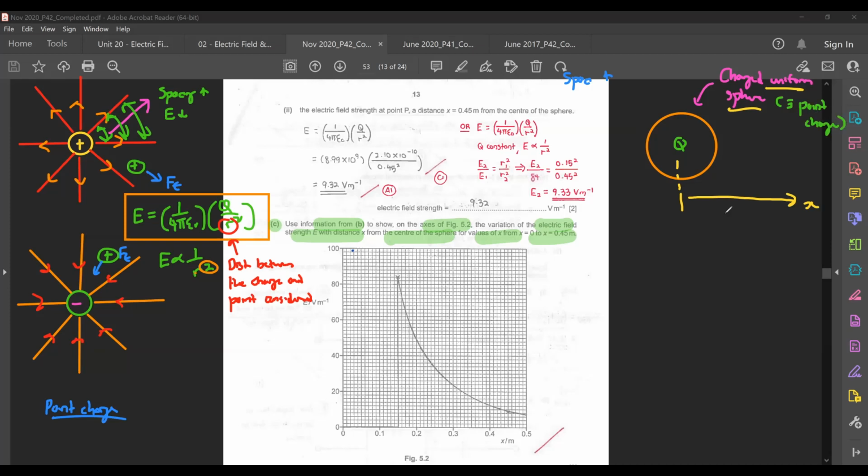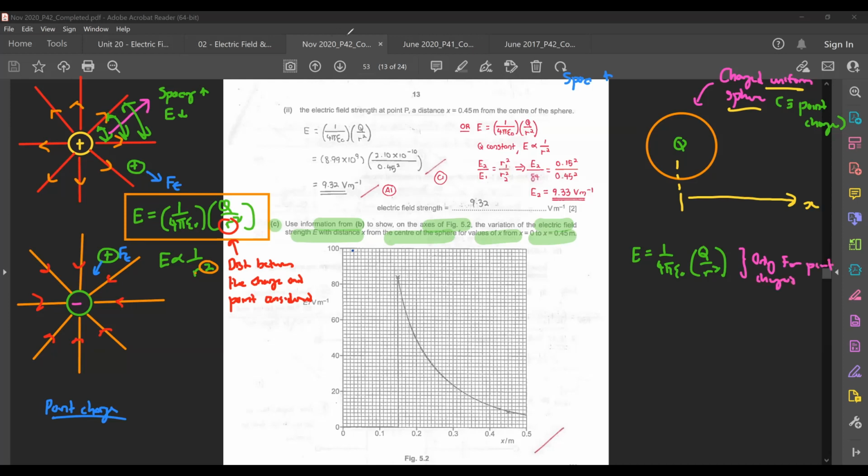Okay, so when it's identical to a point charge, we can use this equation. E equals 1 over 4 pi epsilon naught Q over R squared. The equation E equals 1 over 4 pi epsilon naught Q over R squared is only for point charges.